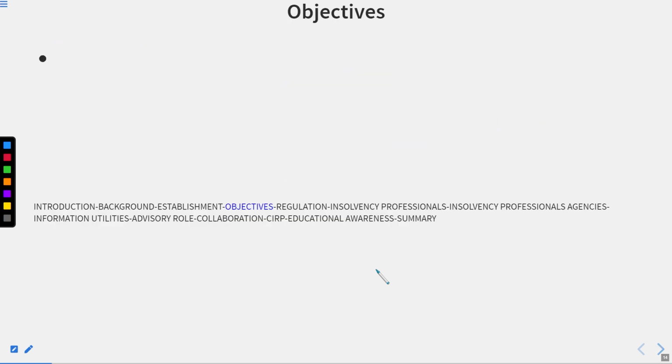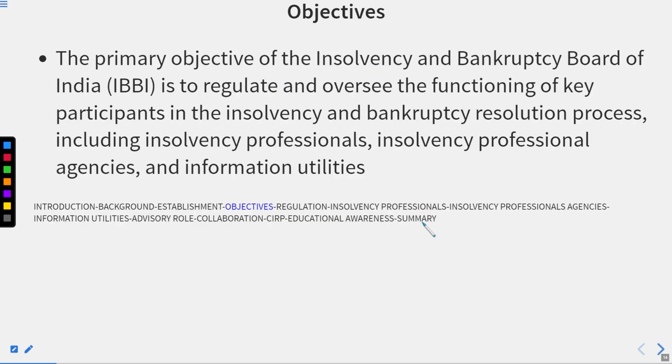Now let's move forward. Now we have the objectives. This is what we had seen in the previous lecture, an overview of the objectives of the IBBI.